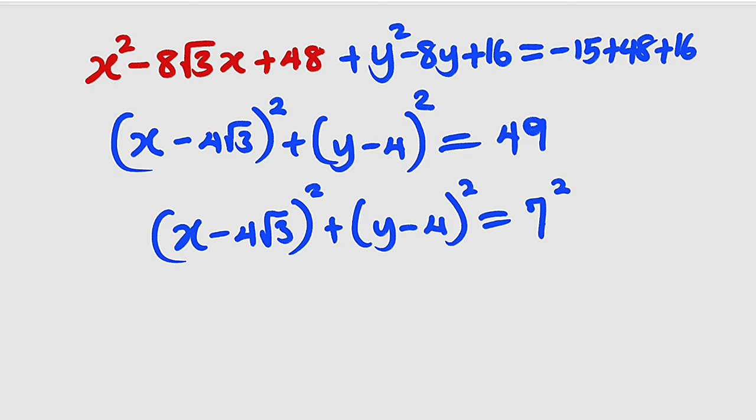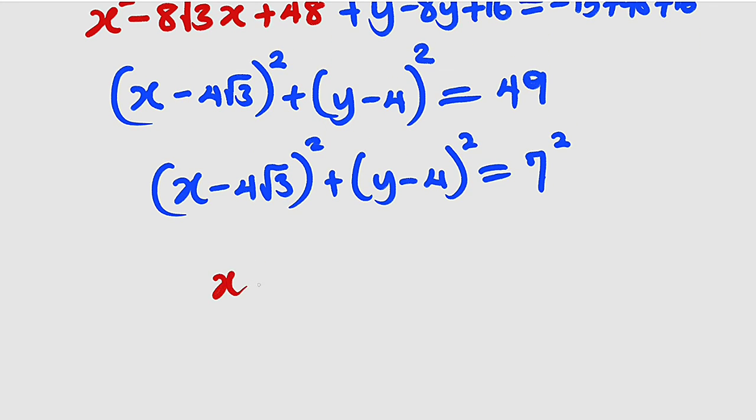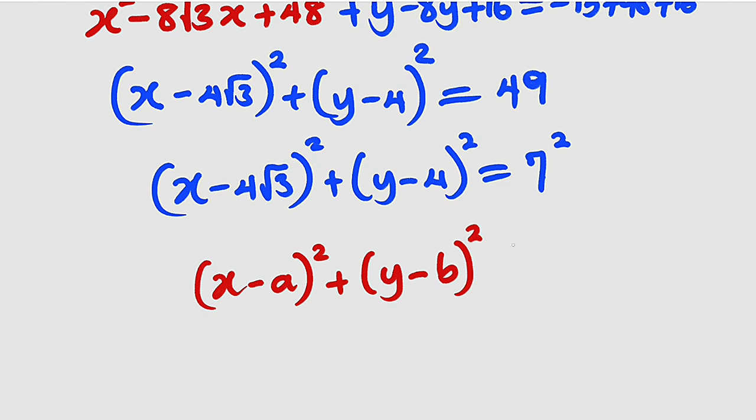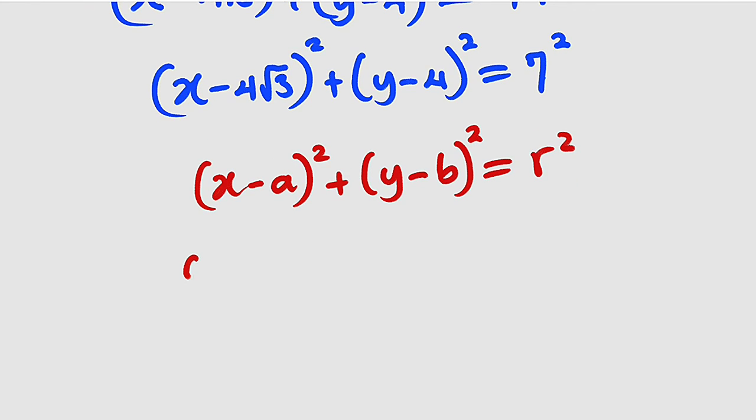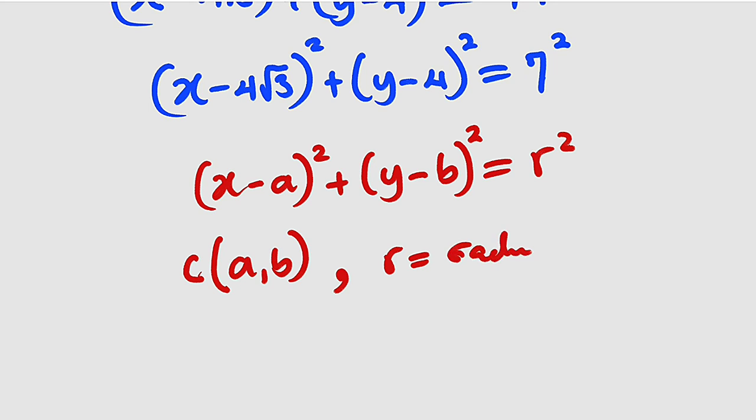What you should remember is that the equation of a circle can be written as x minus a whole squared, plus y minus b whole squared equal to r squared, where the center of the circle is a comma b. All you have to do is to negate this. If it is negative, you transform it to positive. If it is positive, you transform it to negative, while the radius remains the radius, right?